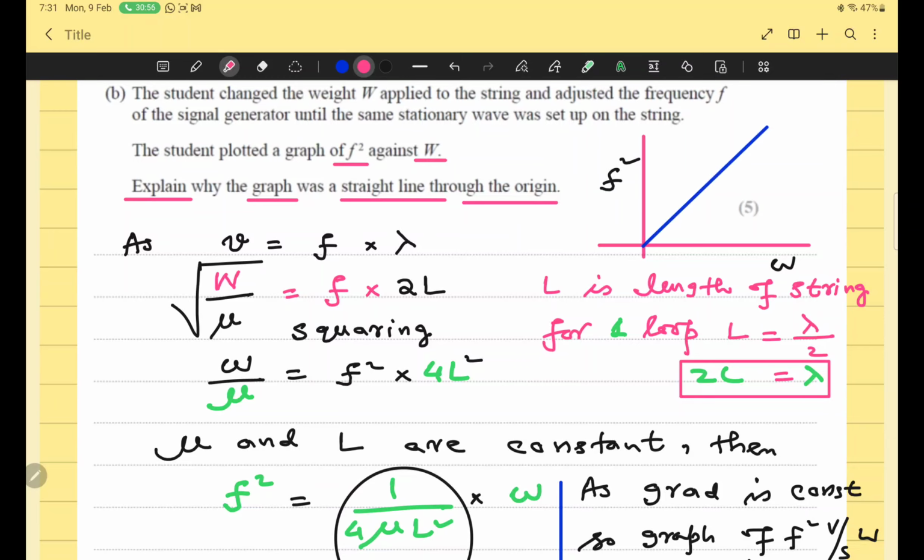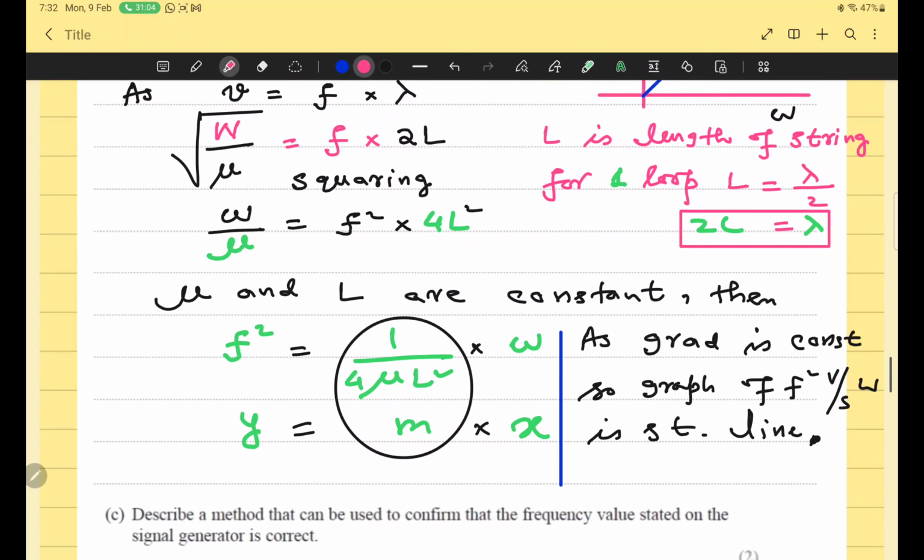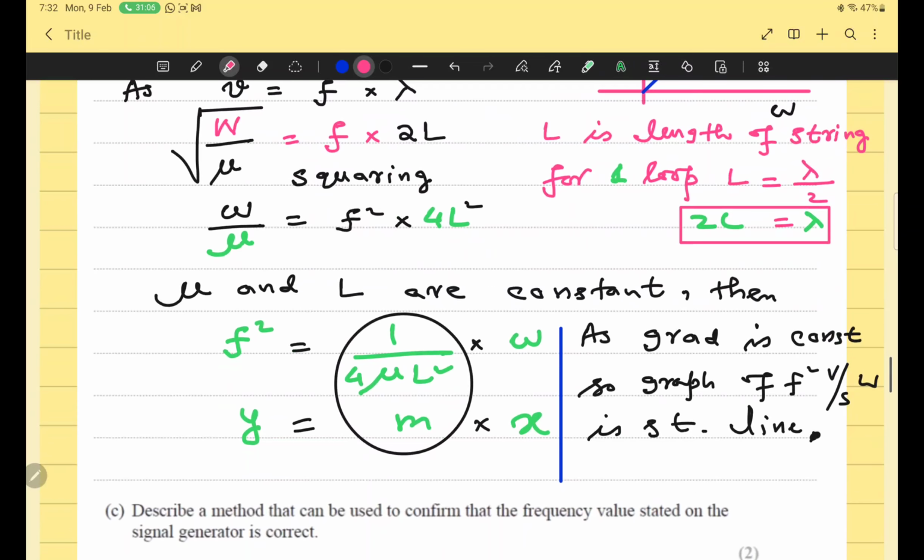For this explanation I have to show that f square and w are directly proportional, or we will convert the equation into the form y equal to mx. Along the y-axis there is f square, along the x-axis there is weight, and the gradient is constant. If the gradient is constant, then obviously the line is passing through the origin, having no y-intercept.